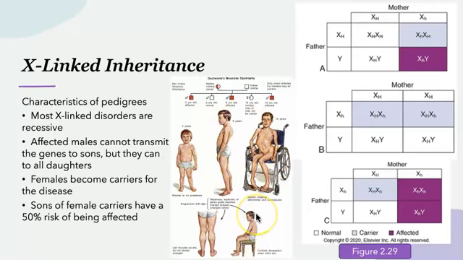And so a common example of an X-linked recessive disorder is Duchenne muscular dystrophy, and this is characterized by progressive muscle degeneration. Unfortunately, these individuals are unable to walk by age 10 or 12 years old. They also have effects on their heart and respiratory muscles, and death is usually by respiratory or cardiac failure, usually before the age of 20. And so we were able to identify the disease-causing gene on the short arm of the X chromosome.